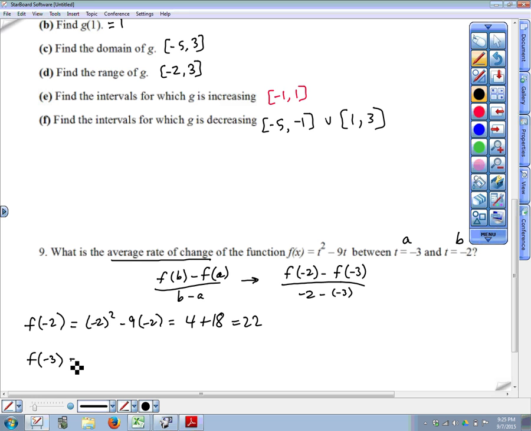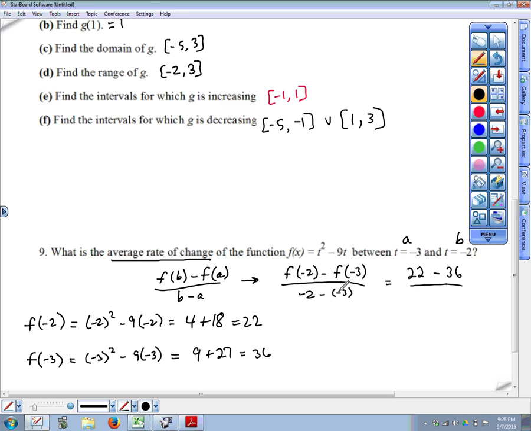Now for -3, we have -3 squared minus 9 times -3, so -3 squared is 9 plus 27, that equals 36. So f of -2 was 22, and f of -3 was 36.